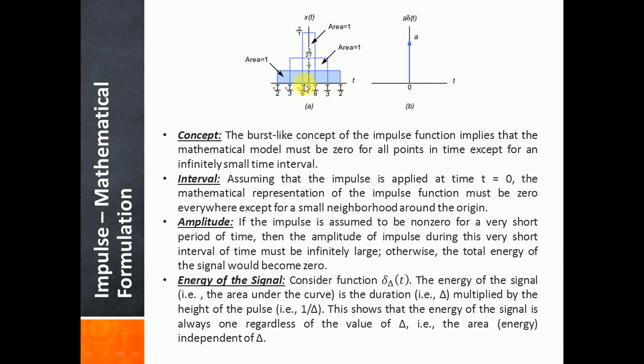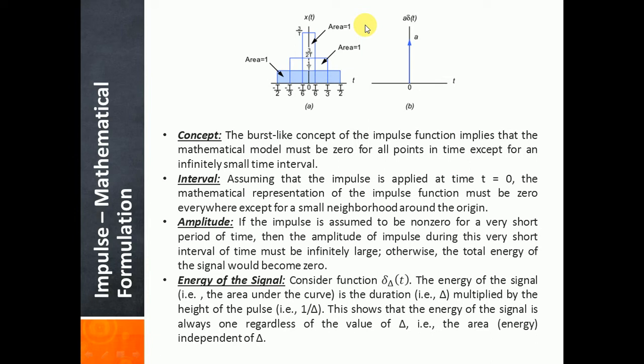If I reduce the interval, the amplitude goes higher, so that the area underneath the curve remains 1. Reduce the interval further, and the amplitude increases proportionally, so the area stays 1.